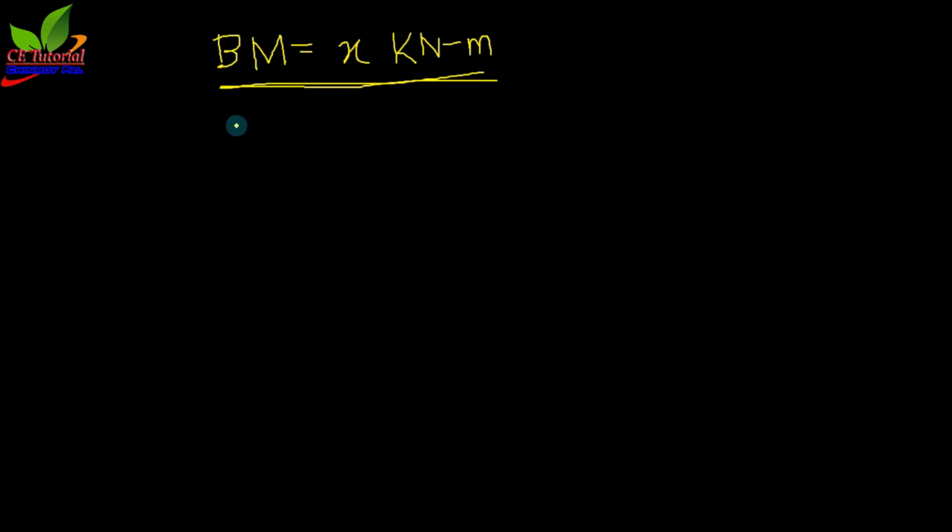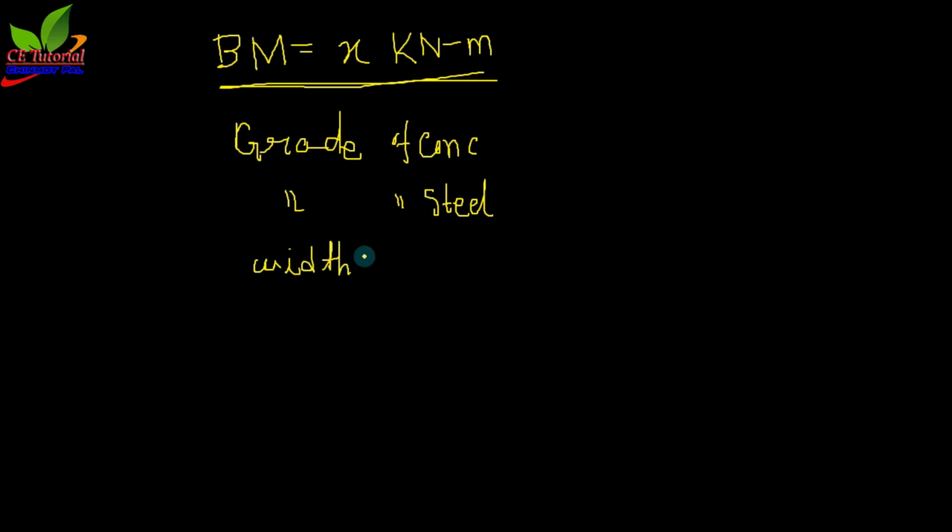Please remember that one parameter is grade of concrete, another parameter is grade of steel, and next width of the beam or width of the section, and depth of the section, and there is another parameter.